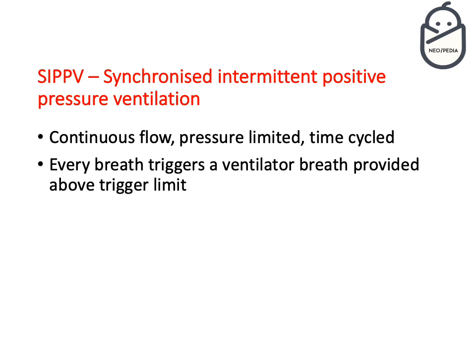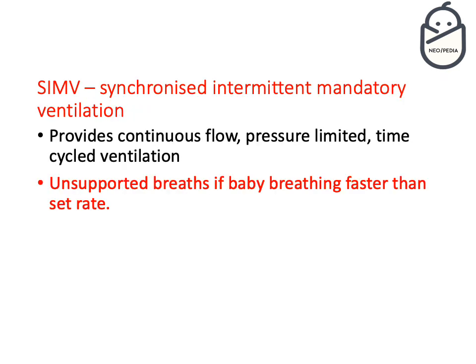But if the baby is well, you can start the baby on SIMV, and then you just try to wean it down gradually before extubation. So this is usually what we do: start with SIPPV or PCAC first, and then if the baby is getting better, switch him to SIMV ventilation before extubation. Okay.